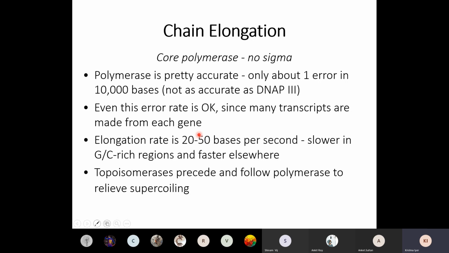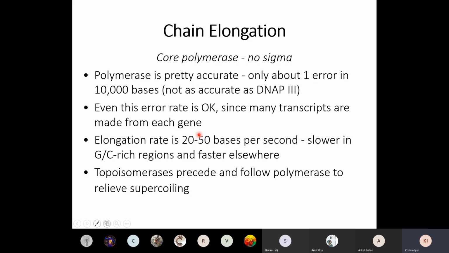That means relative to DNA polymerase, it appears this is a very bad enzyme. But 1 in 10,000 is actually pretty good, because many times the RNAs that you are making are not that long, so errors will not occur as often as you think. Even this error rate is okay because we make many transcripts for each gene. So if there is an error, it will be in one of the transcripts.